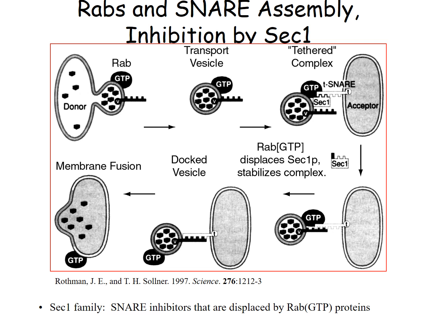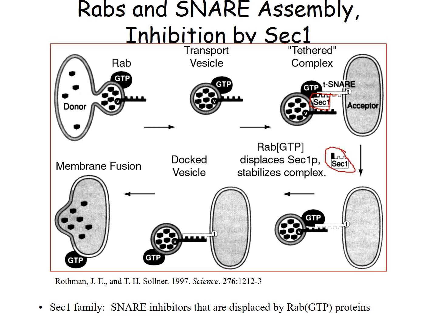And here's the V snare, the RAB. They're not showing the coat, but the coat's formed and then removed. And now you have T and V snares. So what they found was that this SEC1 protein is like a hat that the T snare wears. And so that hat stays on until the right V snare comes along and it is removed.